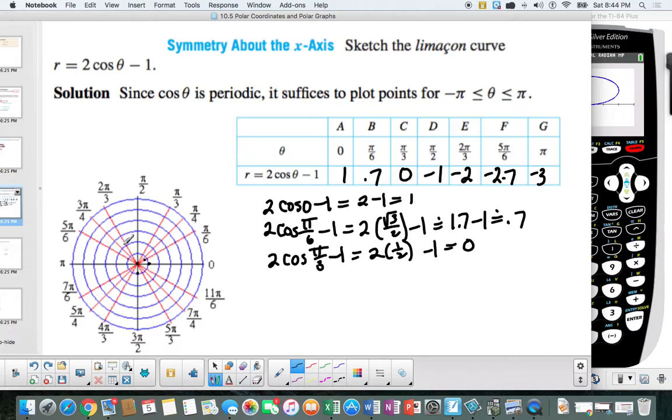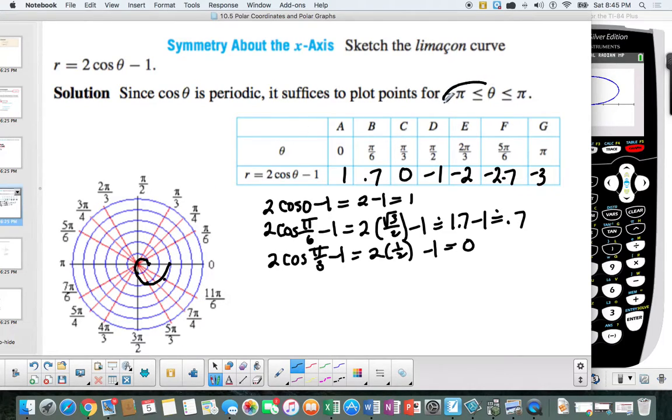And then 2 pi thirds, and then I have to go opposite, which is 2 right here. So far the graph looks something like this. And then 5 pi 6 right here, I have to go negative 1, 2, 0.7, and then pi negative 3, 1, 2, 3. So it's going to look something like that.